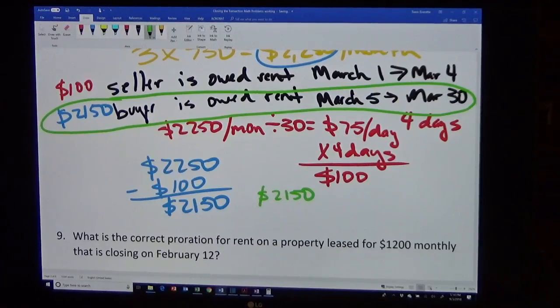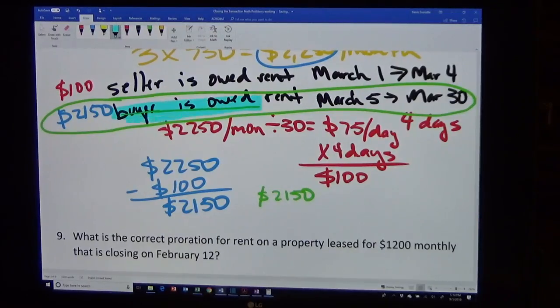And the question is, is it a debit or a credit? Read the statement here. Buyer is owed. The buyer is owed money. So that's going to be a credit to the buyer.